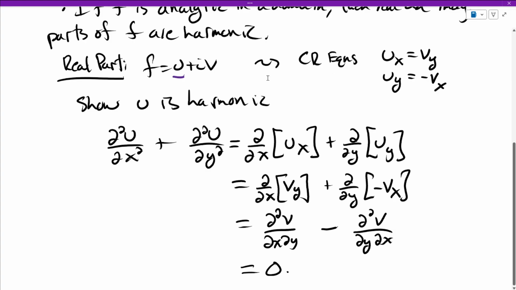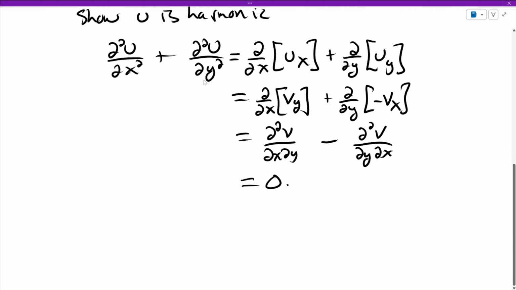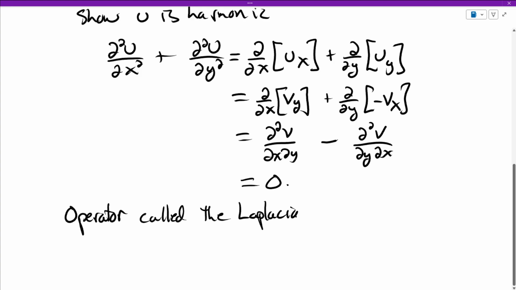Let me also name one more thing here before we do lots of examples. There's an operator called the Laplacian. What does it mean that it's an operator? It means that it breaks up under addition and scalar multiples come out.